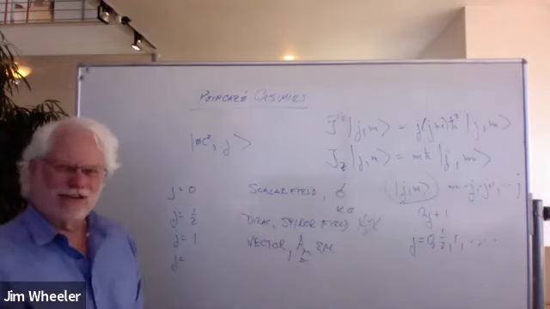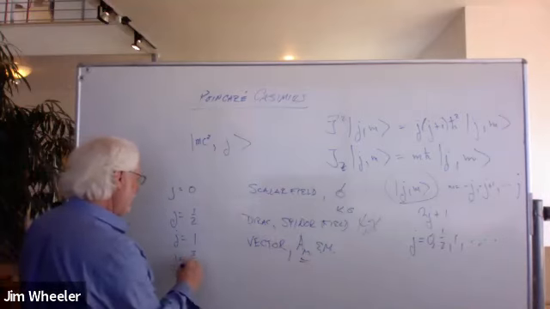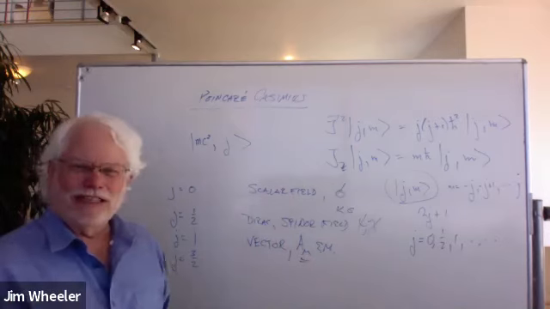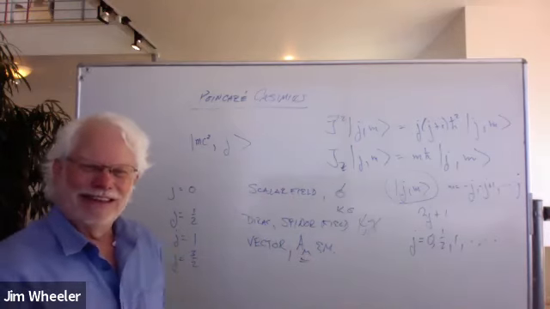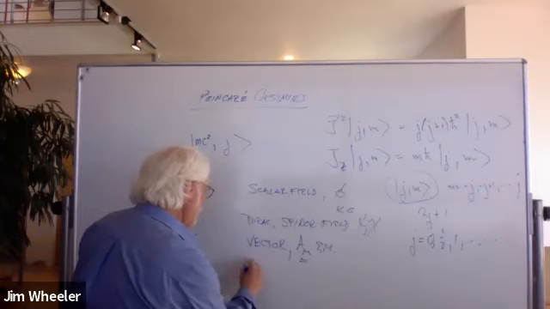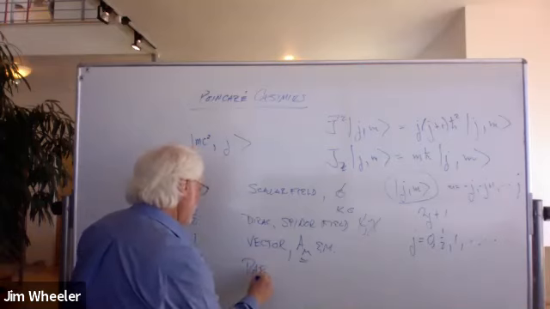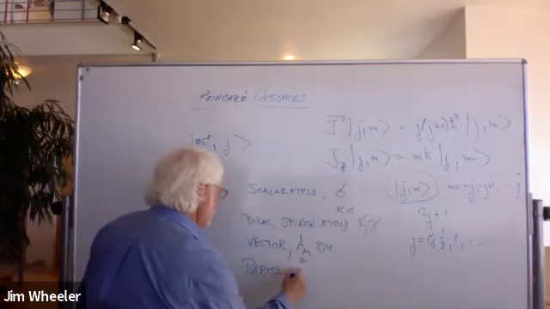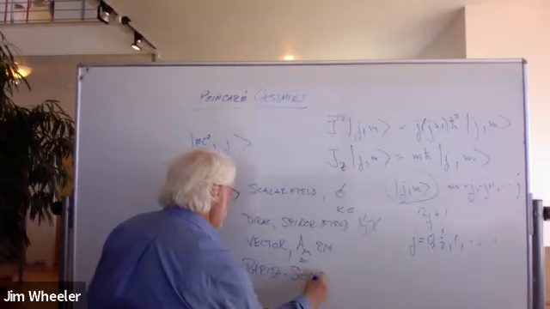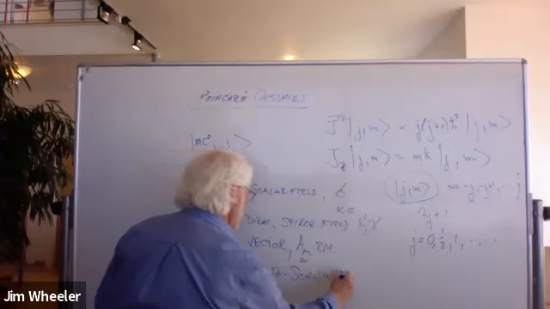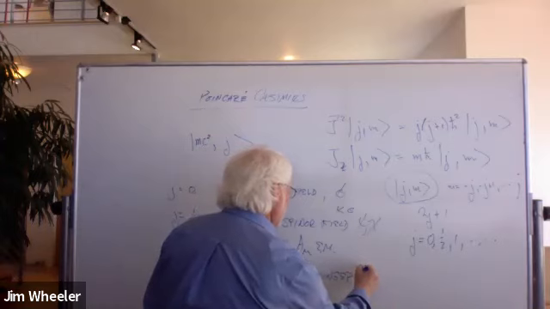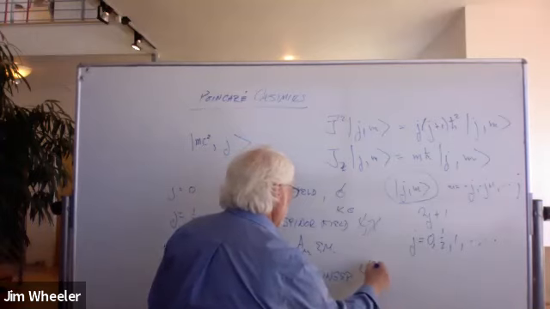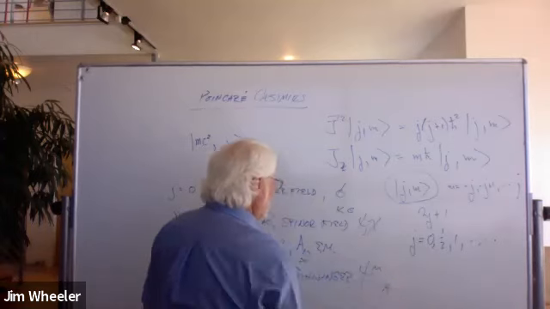Haven't gotten anything you guys don't know yet. How about 3/2? Anybody know what a 3/2 field is called? Rarita-Schwinger. This is going to be something that has a space-time and a spinor index.